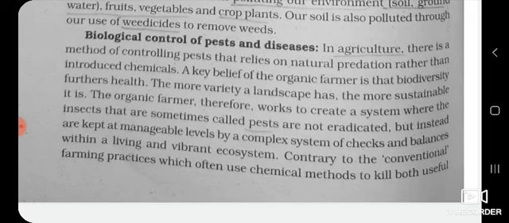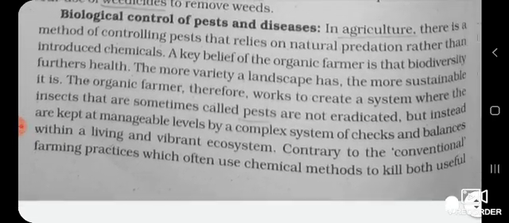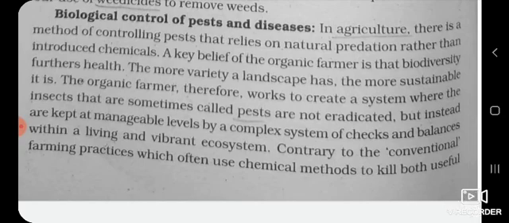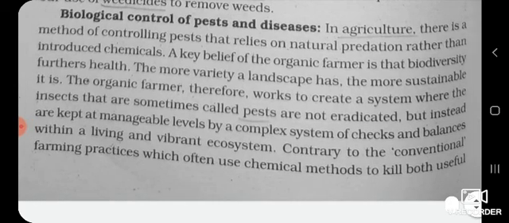And that's why we can say that the organic farmer therefore works to create a system where insects that are sometimes called pests are not eradicated but instead are kept at manageable level by a complex system of checks and balances within a living and vibrant ecosystem. So here the important part is that we are not removing that pest from our field completely, but its population is kept at the level which cannot damage our crops.